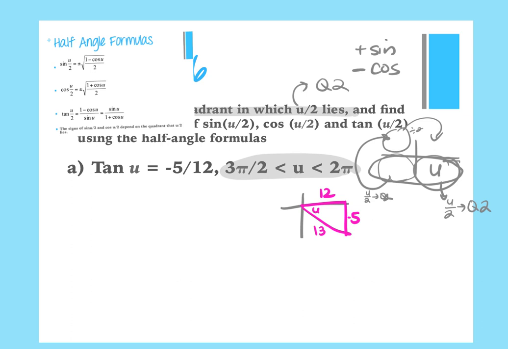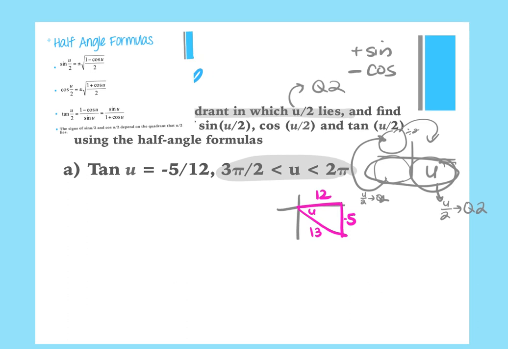Okay, so if I want to find the sine of u over 2, first of all, we said sine would be positive. I get the square root of 1 minus the cosine of this triangle, which should be 12 over 13, over 2. Wouldn't the cosine be negative? So would it be added? The cosine, no, but I'm using the cosine of u. So cosine of u is positive. Oh. Yeah.